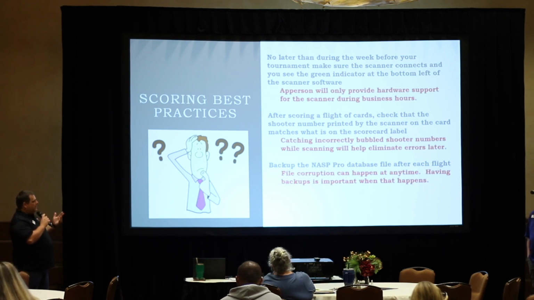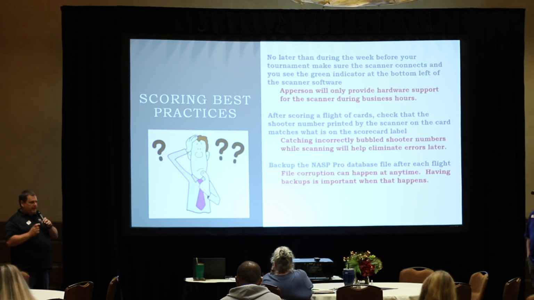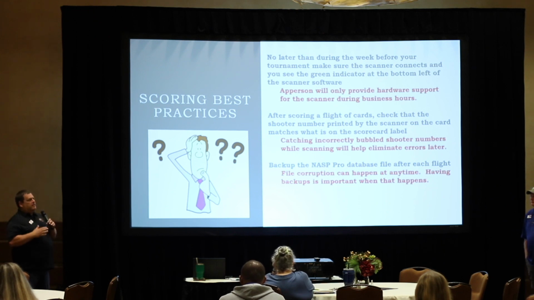Then the last thing we do is walk through. The scanner prints on the scorecard the shooter number that was bubbled. So we look at that printed bubbled shooter number compared to what was on the label, and that will catch the mis-bubbled shooter number. That's going to save you lots of time down the road, because the system won't catch it.